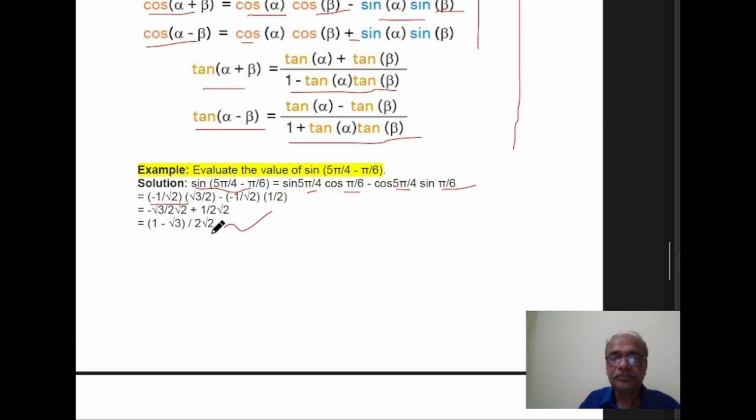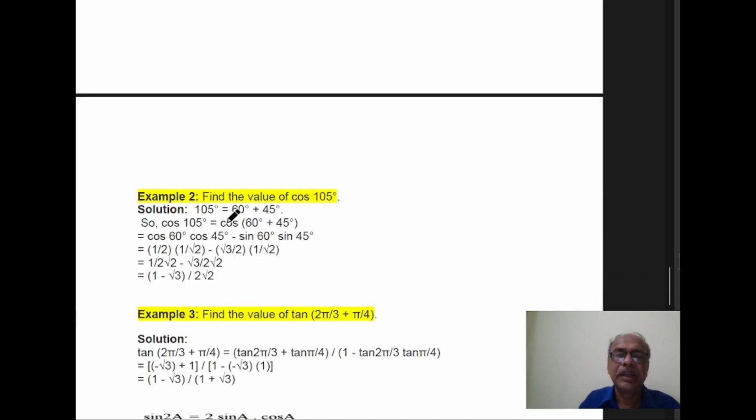And again, if you have to find the value of cos 105 degree, you have to split this angle as a sum or difference of two angles whose values are known.